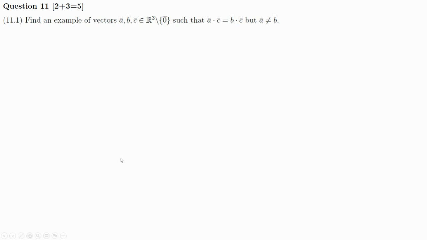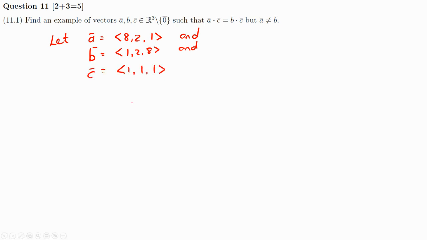The easiest way for this to work would be to let a be equal to 8, 2, 1, anything, and b should be equal to 1, 2, 8. So just this backwards. And let c be something very easy and constant, like 1, 1, 1. It's very easy to work with.